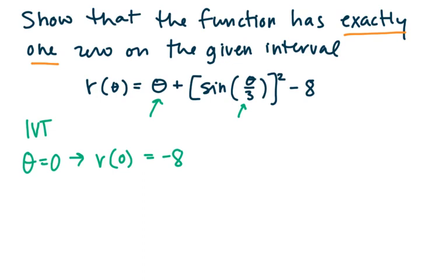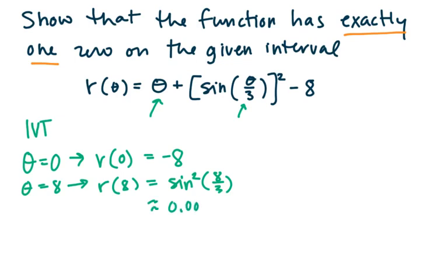Similarly, I could let theta equal 8. So r of 8, if I were to plug 8 in, I would end up with sine squared of 8/3 minus 8. And sine squared of 8/3 is approximately 0.002.